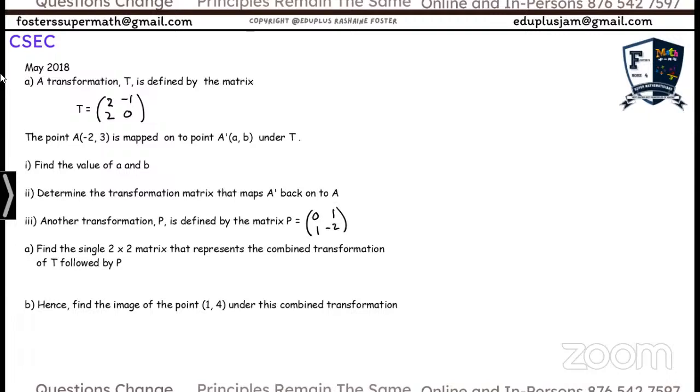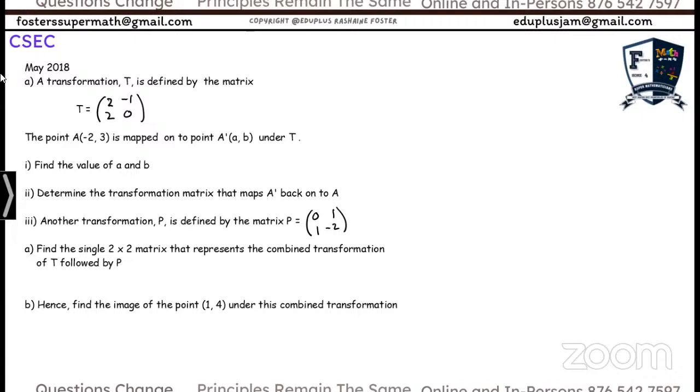All you have to remember, unless you're doing translation, is that you will always use that one formula: matrix multiplied by pre-image. What is that always equal to? That is always equal to the image.